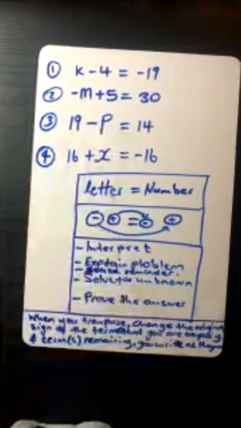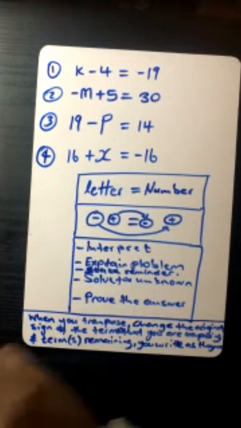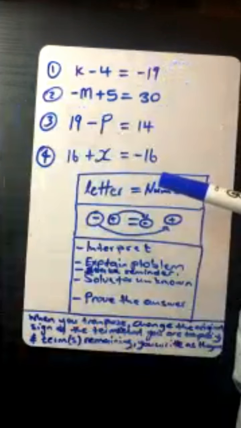I want to tell you something, Shreyas. When I was in matric, Shreyas, can you see we've got one, two, three, four problems? Can you see? Yes, sir.